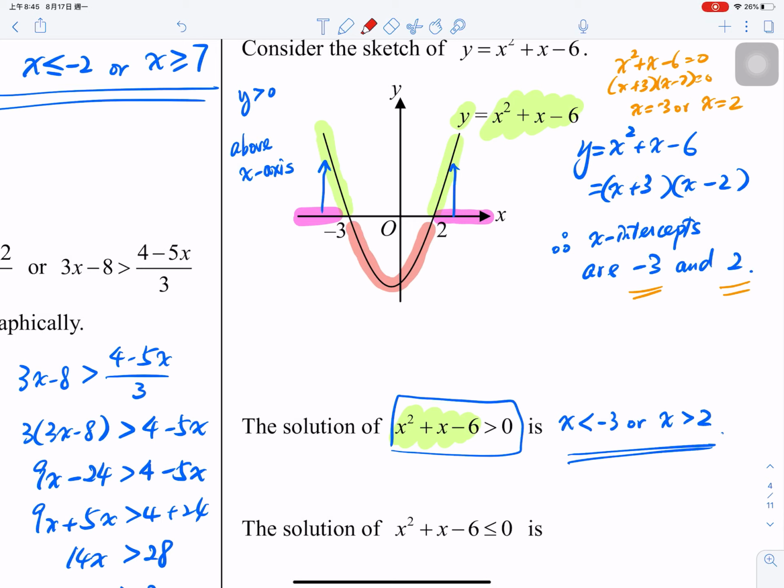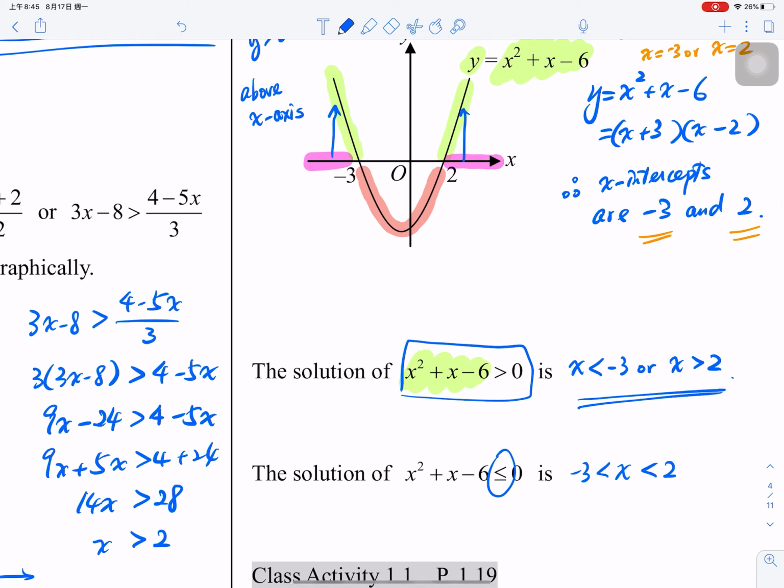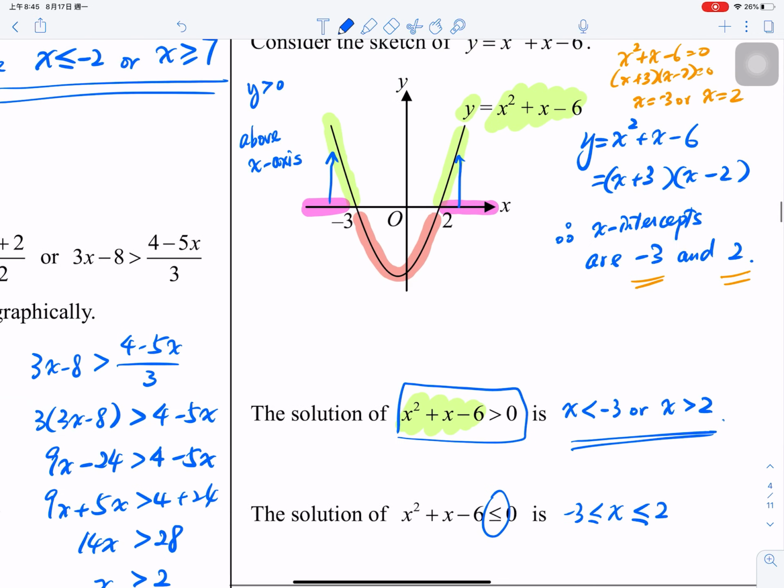Then where's the x? Yeah, correct, here. So x in between negative 3 and 2, right? This time include the equal sign. So x in between negative 3 and 2. Okay?